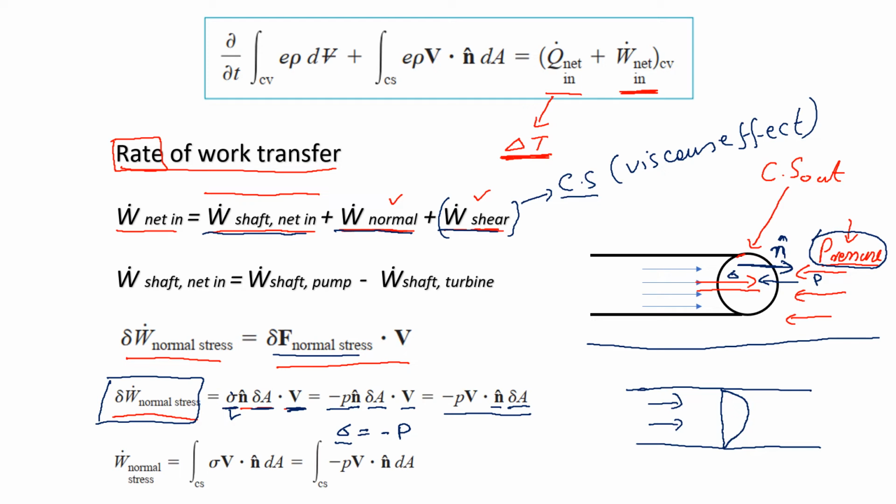You remember this, why is the velocity profile like this? Because of the no slip condition near the boundaries of this pipe. So due to the no slip condition, our velocity profile will look like this. So these are the viscous effects. So a certain amount of work will also be required to overcome these viscous effects. But what we do is we assume that our flow is inviscid.